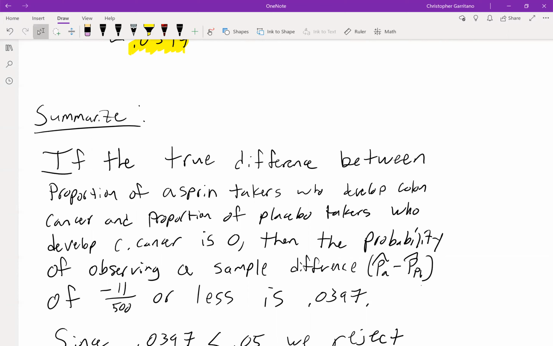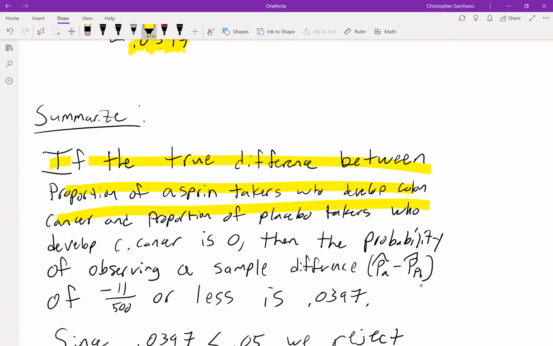Basically, the way you interpret a p-value is you say, if the true difference between proportion of aspirin takers who develop colon cancer and proportion of placebo takers who develop colon cancer is 0. In other words, this whole sentence is basically saying if H null is true, then the probability of observing a sample difference of -11/500 or less is 0.0397.